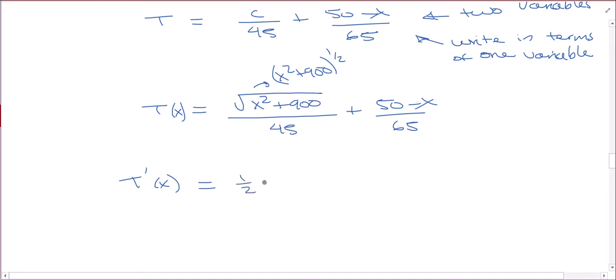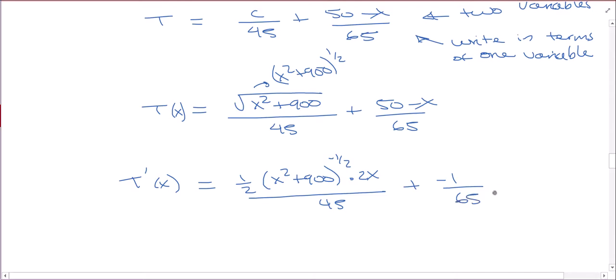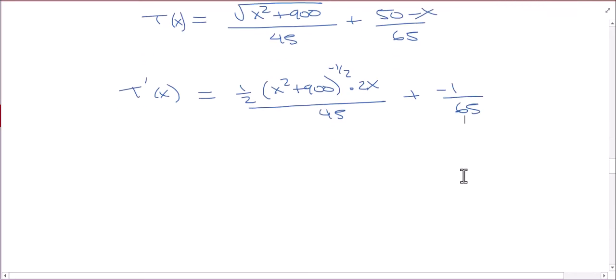You're going to have 1/2, the inside left alone, times the derivative of the inside, so times 2x, and then you still have your over 45, plus the derivative of the second term, so negative 1 over 65. So this is our derivative.